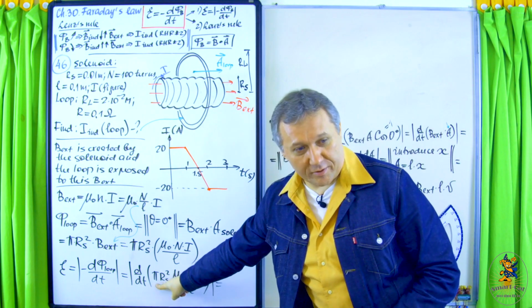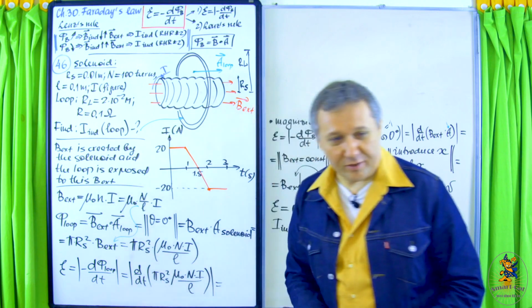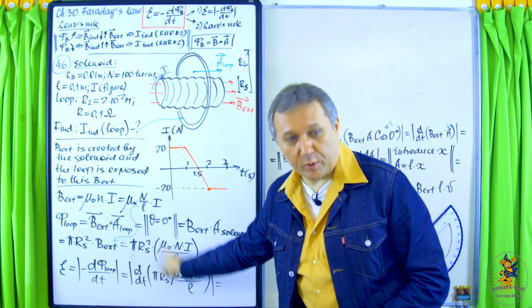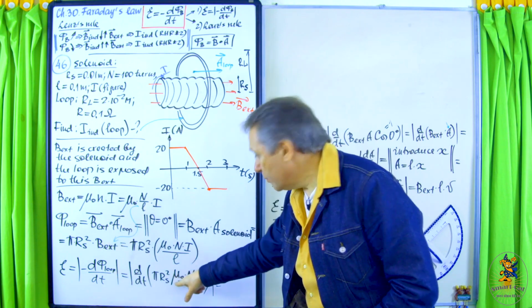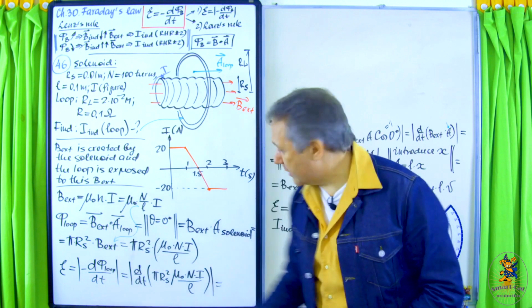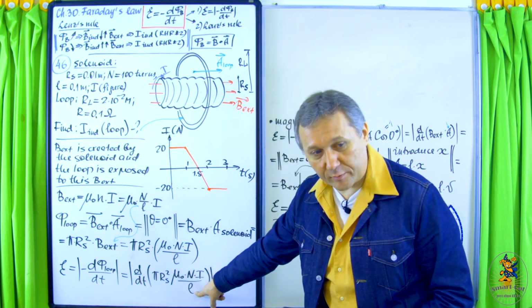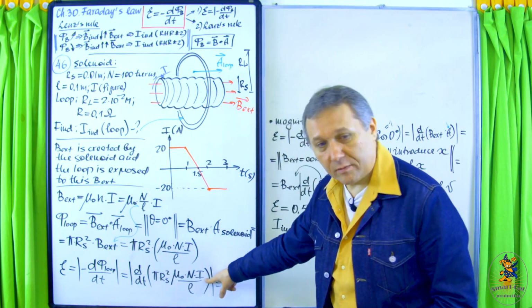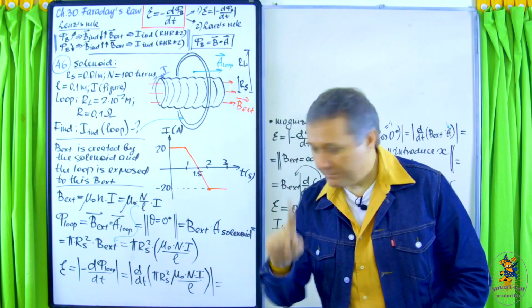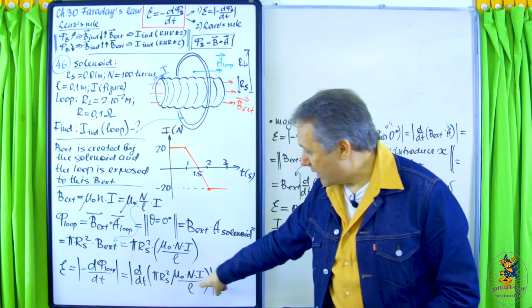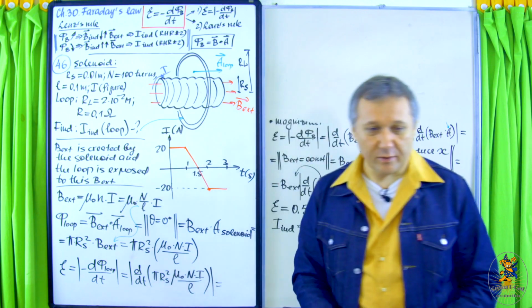Carefully, pi is constant, outside. We can take it outside. Radius of the solenoid, constant, also outside. Mu naught, universal constant, also can be taken outside. Number of loops, constant, outside. L, length of the solenoid, outside. Current, you see what happens to the current? It changes. So current must stay under the sign of differentiation.